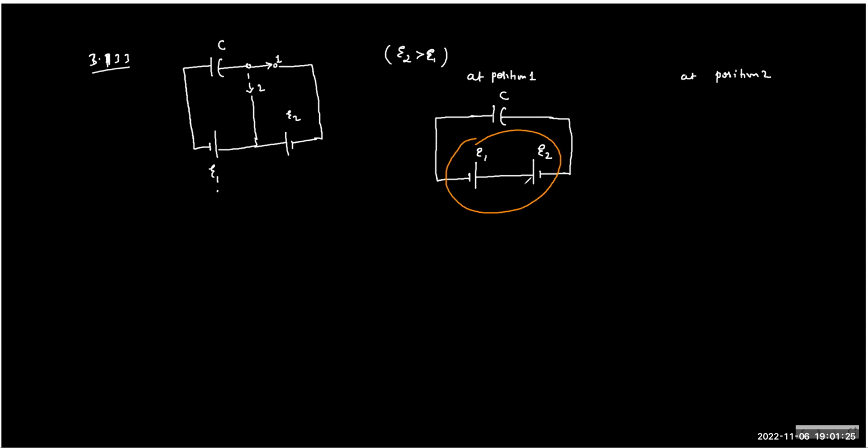So tell me, at position 1, what is the charge on the plate of the capacitor? C into E2 minus E1. Very good. So the initial charge on the plate of the capacitor will be C(E2 minus E1).